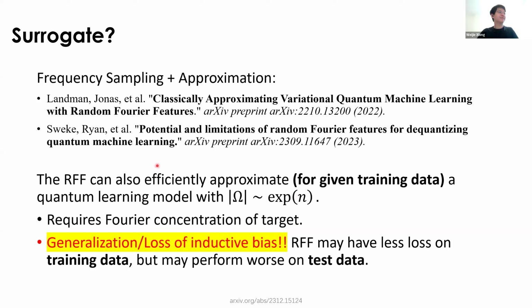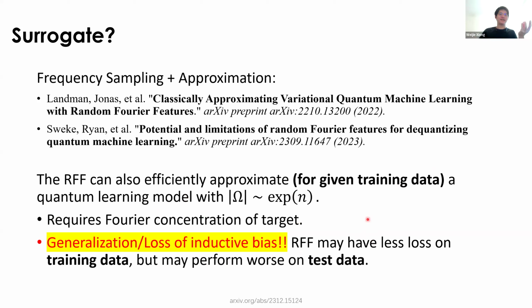However, this method requires two conditions. First, the Fourier spectrum is expected to be concentrated, like this. Another issue is that, based on the training set, the RFF may provide you a better performance.